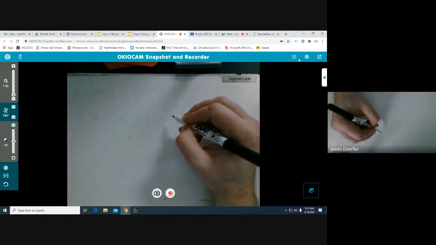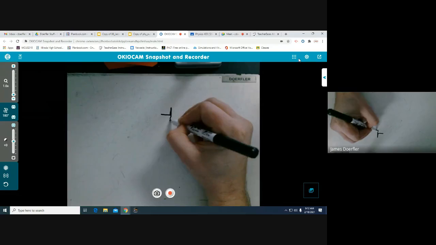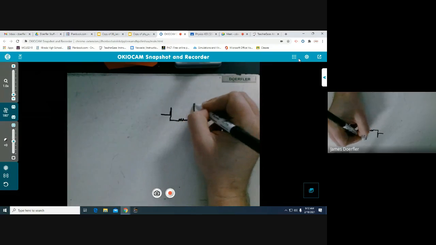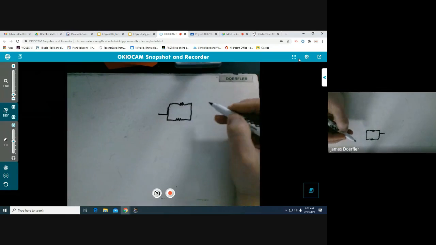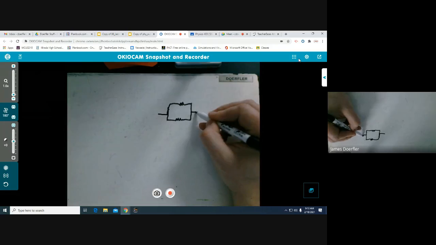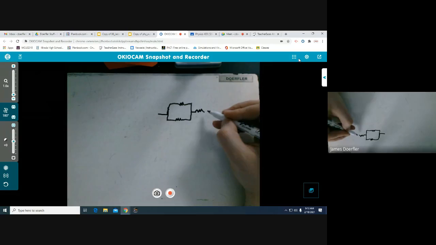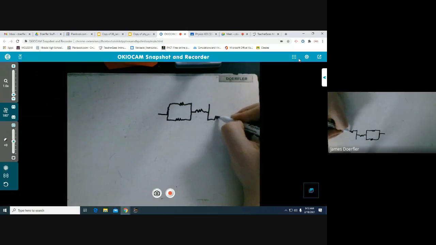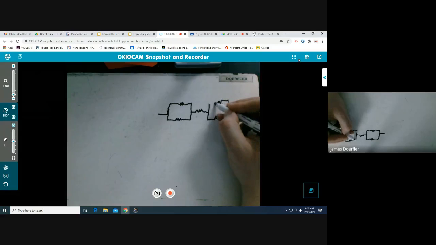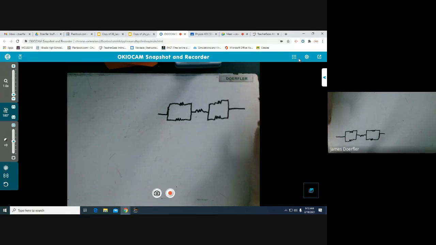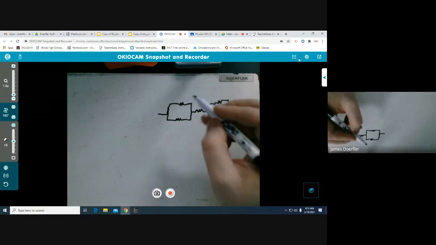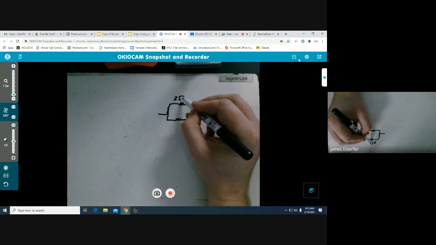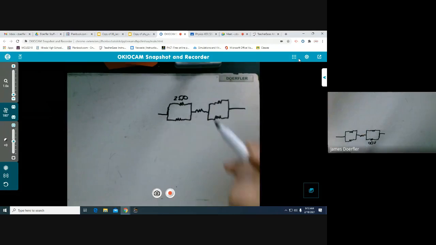So we're going to have the following linear setup. And then we got another. We've got 25.0 ohms here on this one.